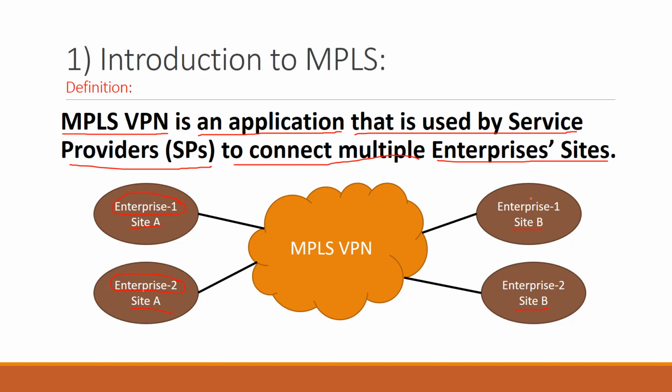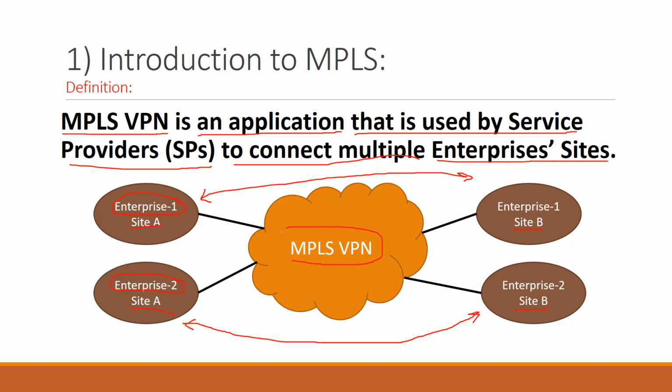We want to allow enterprise 1, site A and site B to be reachable and interconnected to each other, and we want enterprise 2, site A and site B to be interconnected to each other through the MPLS VPN cloud.